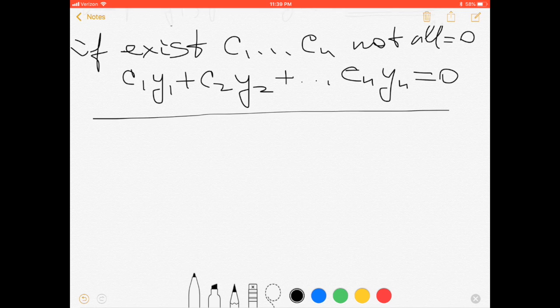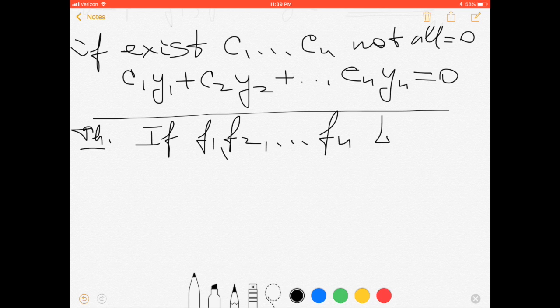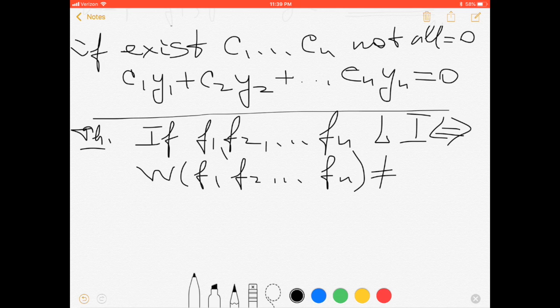And here we have a very interesting corollary, or theorem, you can write it as you choose. Functions f1, f2, ..., fn are linearly independent if and only if the Wronskian of these functions f1, f2, ..., fn is non-zero. Last time we talked about the Wronskian for two functions. This means you can build the Wronskian for n functions.